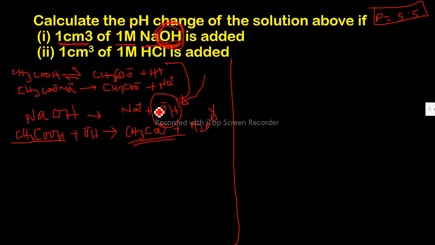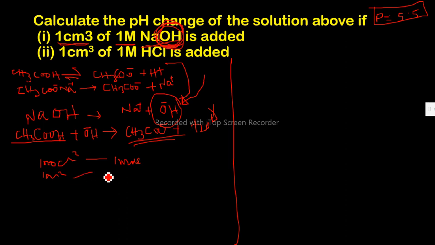So what will be the increase? From mole ratio, if you have the moles of OH ions that were added: 1,000 centimeters cubed contain 1 mole. So how about 1 centimeter cubed?